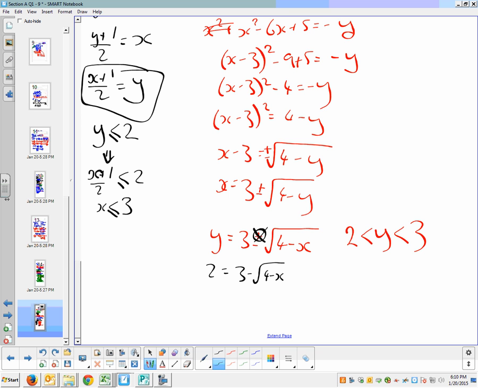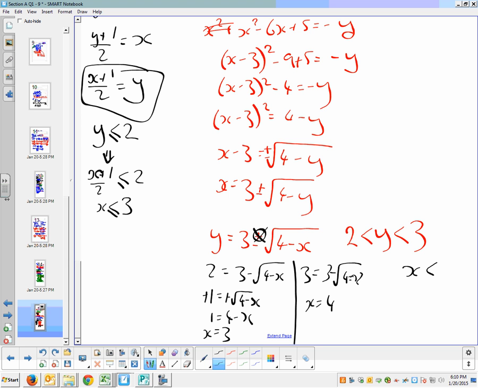I'm going to have to redo the whole thing now. 4 minus x, that's 1. 1 is 4 minus x. X is 3. Start with 3, 3 minus that, 4 minus x, which should be obvious then, x is 4. So x has to be between 3 and 4.